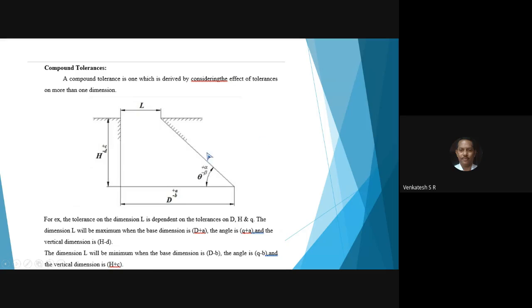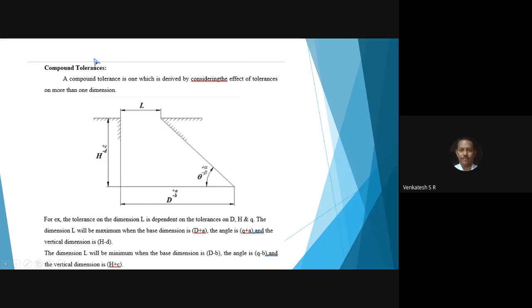Next, come to the point. If you collect the previous 4 question papers, in 3 question papers you find a question on compound tolerance. Please, all of you, write down the question. Those who came late, please write down the question.